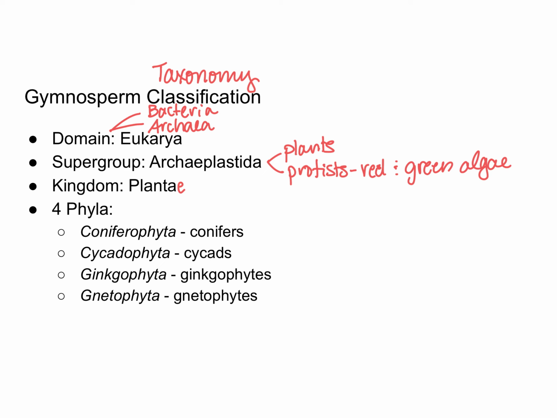And other kingdoms include kingdom Fungi, kingdom Protista, and kingdom Animalia. And then within the Plantae kingdom, there are four phyla representing the gymnosperms. There's phylum Coniferophyta, which are the conifers, phylum Cycadophyta, which are the cycads, Ginkgophyta, which are the ginkgophytes, and Gnetophyta, which are the gnetophytes. And we'll talk about each one of these in more detail in a different video.